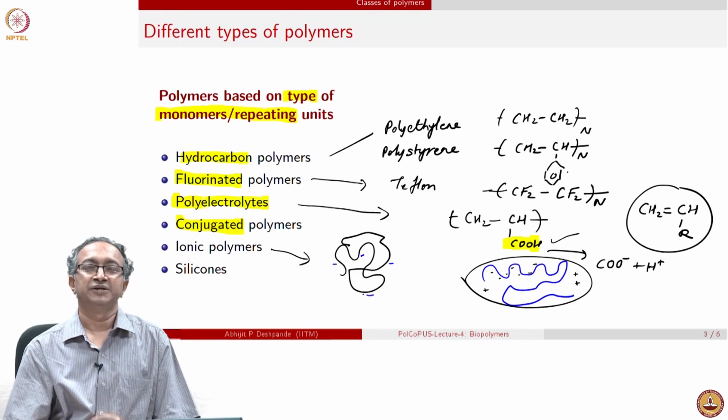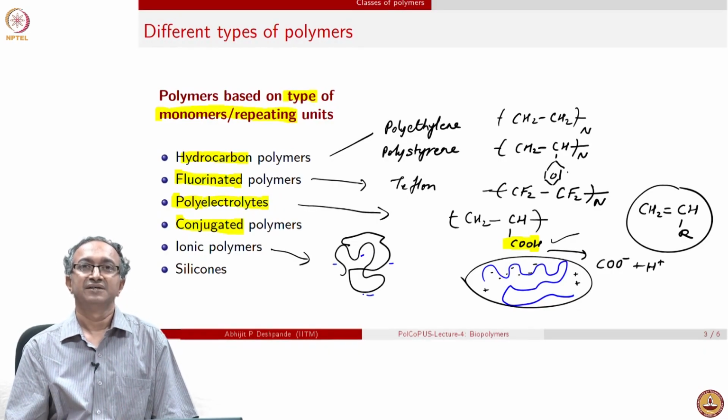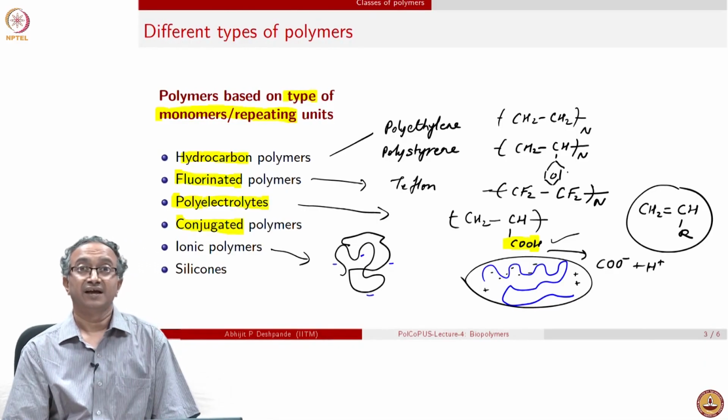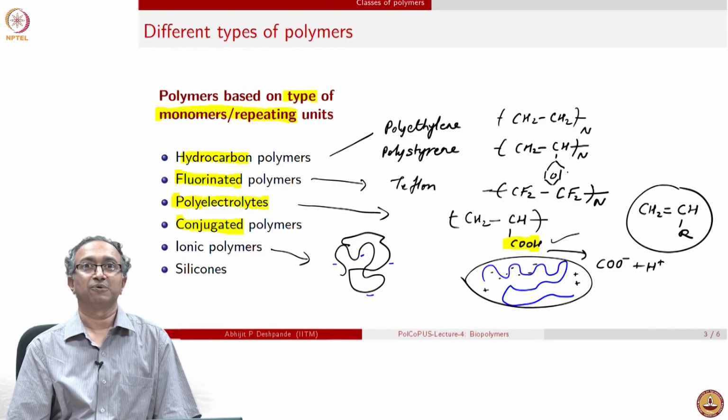So what you have is many of the repeating units have no ionic group, but some repeating units have ionic group. So for example, you could combine polyethylene and acrylic acid and make an ionic polymer.